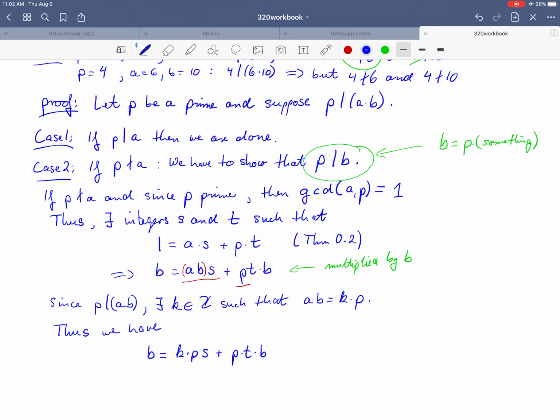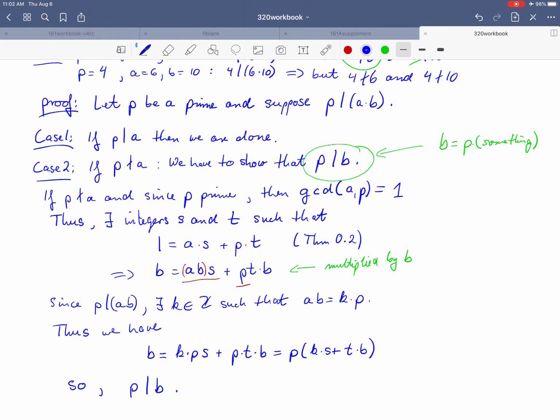We're almost there. We have a p in both pieces, so we can factor that out. We can take out our p, and then we are left with k times s plus t times b. And that means that p divides b. And that's what we wanted to show. So we are done with our proof.